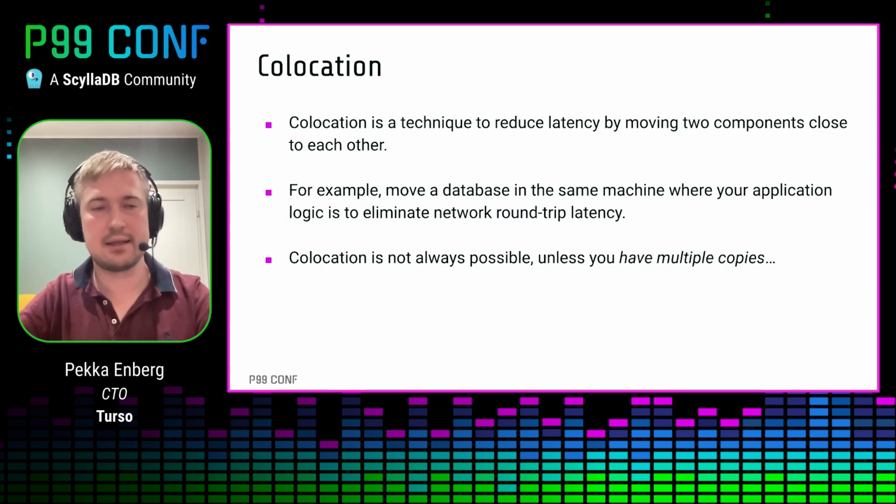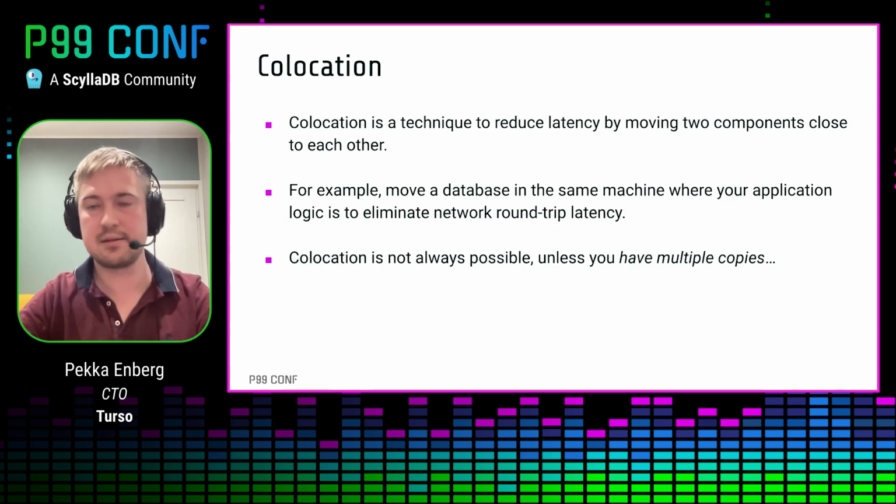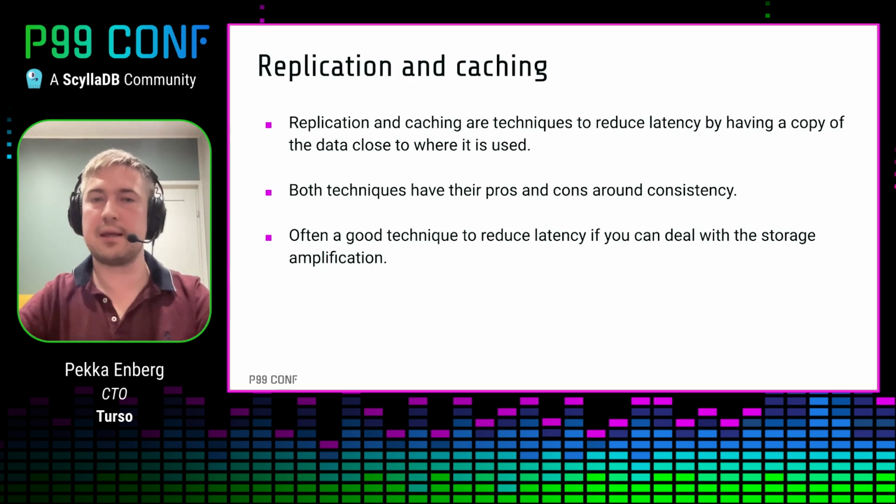I think the way this initially caught on was in the high-frequency trading crowd, where they discovered that if you put your machine in the same data center as the exchanges, you reduce network round trip. But co-location is not always possible because you might need this data in multiple places. So it's not possible unless you have multiple copies, taking us to replication and caching.